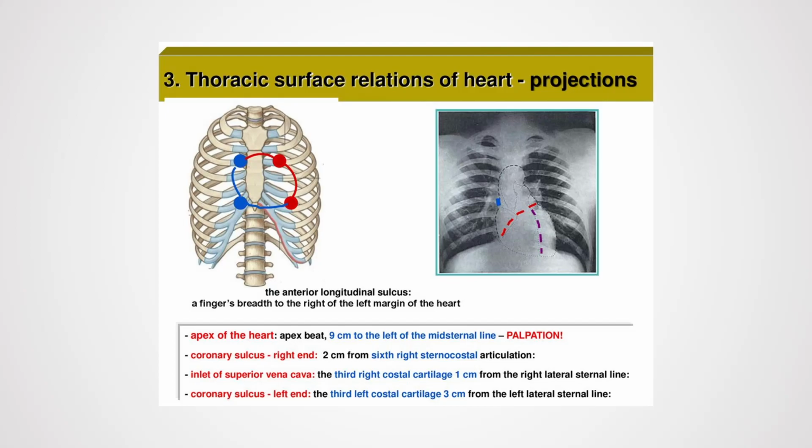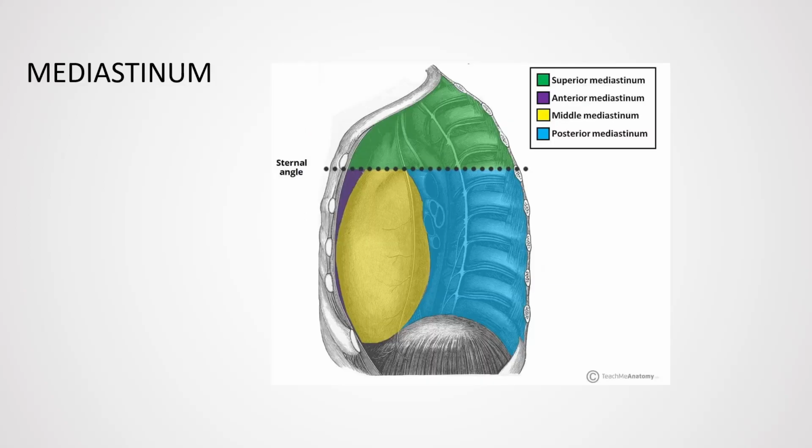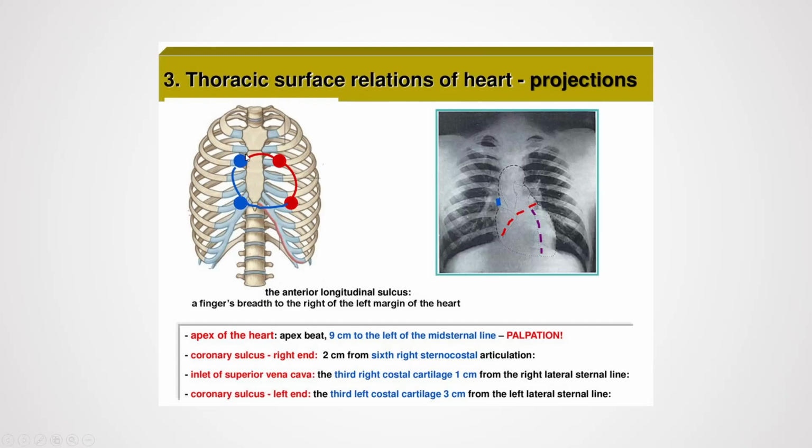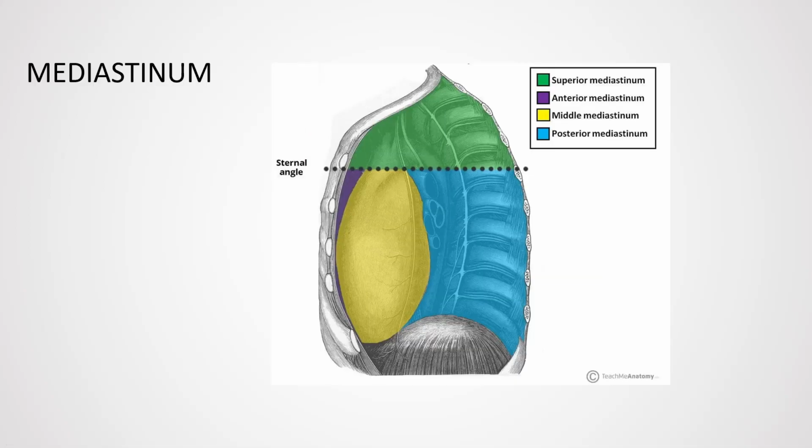Here we have the lateral sternal line. And the coronary sulcus, the left end, is at the third left costal cartilage, 3 centimeters from the lateral sternal line.